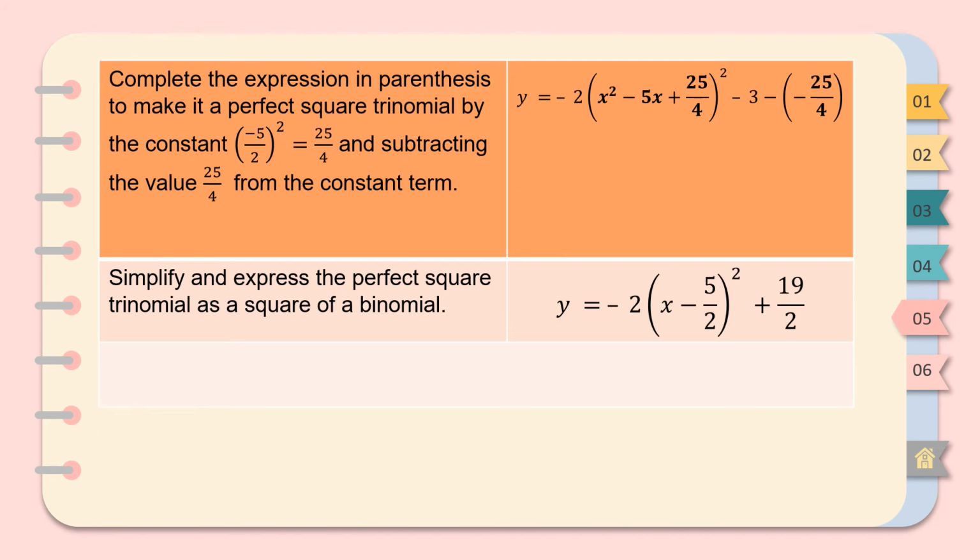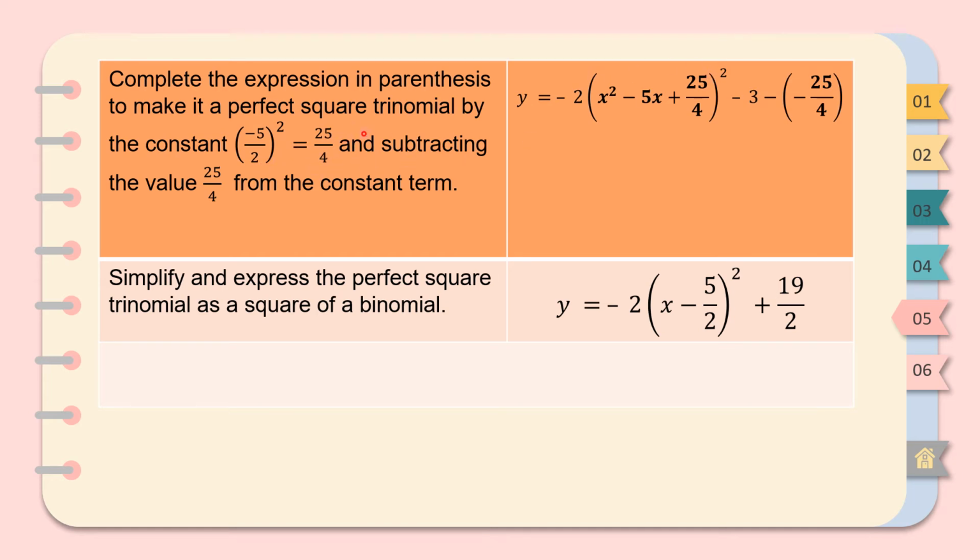So, complete the expression in parentheses to make it a perfect square trinomial by the constant negative 5. Ito po. Negative 5 divided by 2 raised to the second power. Yan po ay magiging negative 5 times negative 5. That is 25. 2 times 2, that is 4.